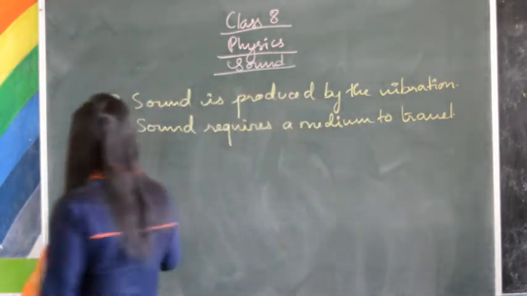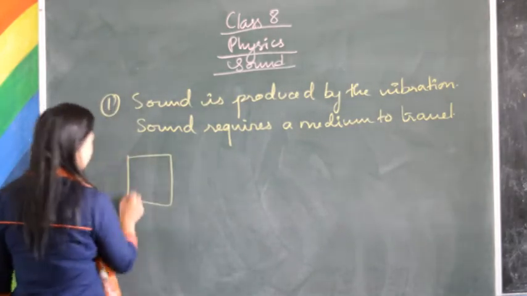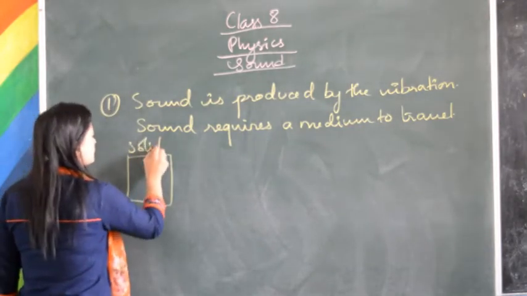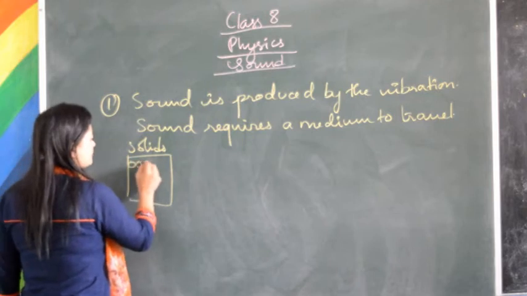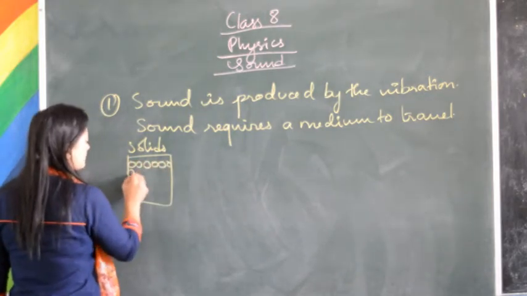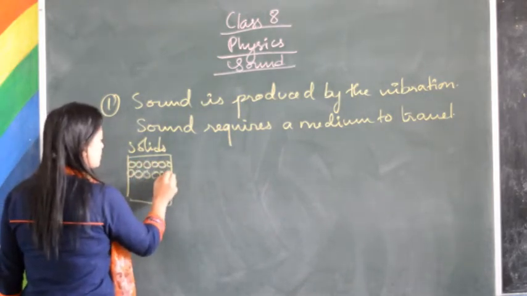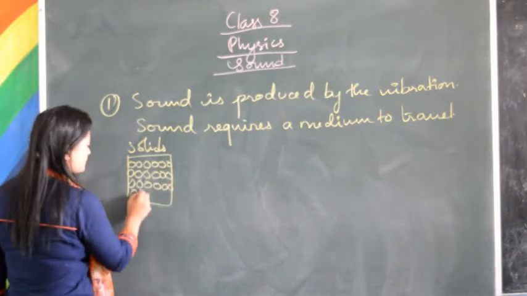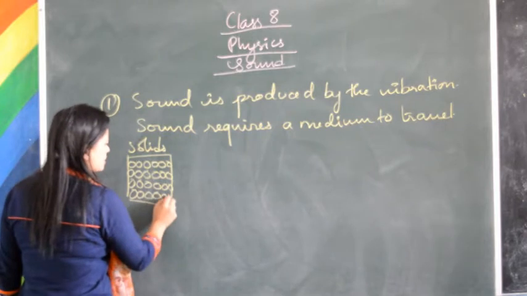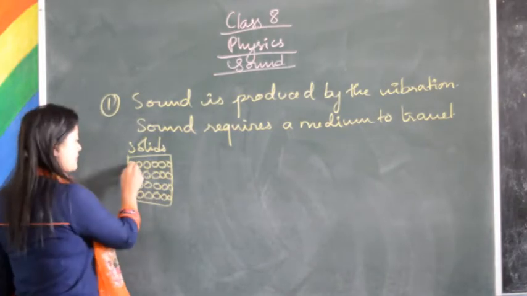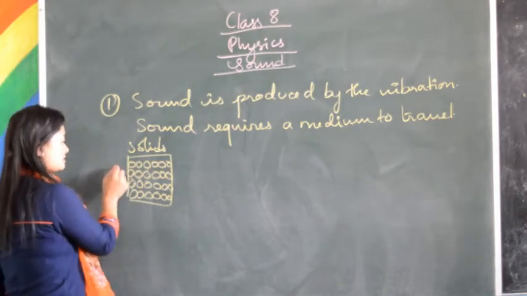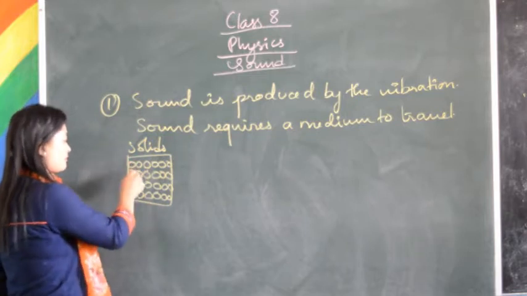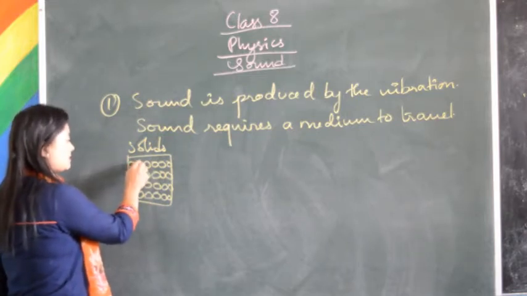Okay, solids. Now look at this: the particles of solids are tightly packed. So if one particle starts vibrating, if somebody speaks or makes a sound, it will touch the other particle.